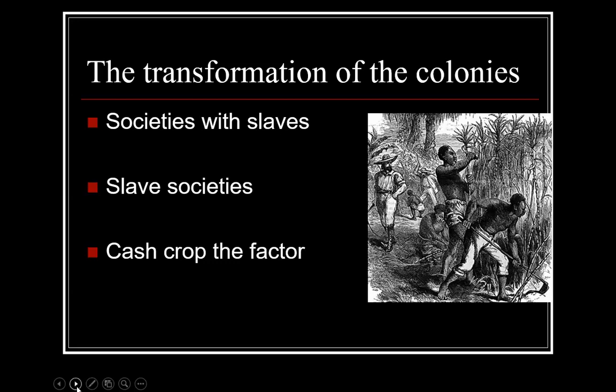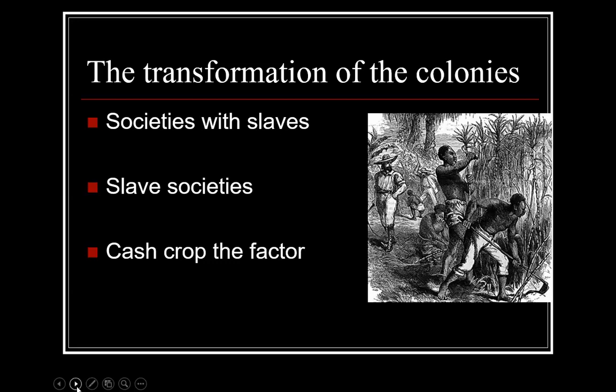So there's not as much of an economic benefit in the North to having an enslaved workforce. It doesn't mean that the North was necessarily any less racist than the South was. There was still a lot of racism in the North. Yes, there are more abolitionists in the North, people that wanted to get rid of slavery. But it's an economic factor that drives this.